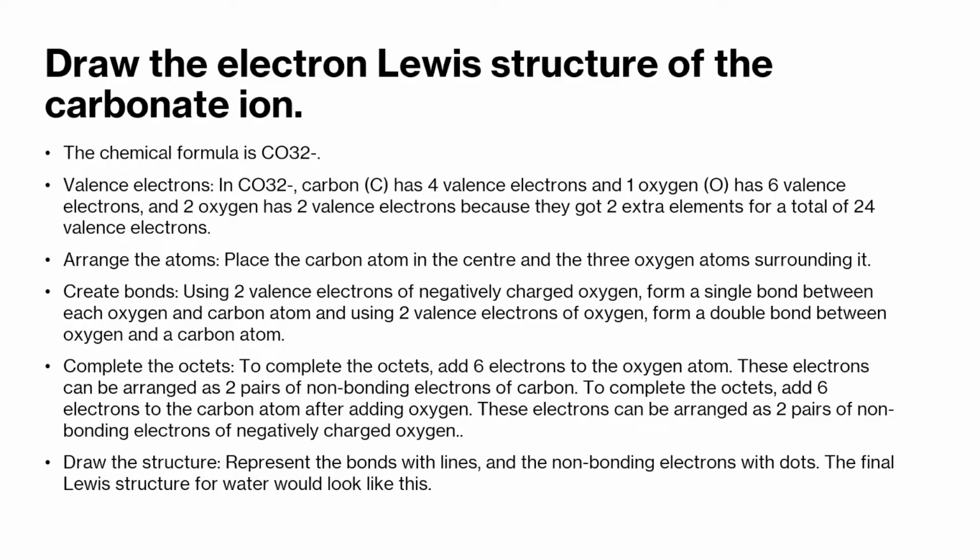We create bonds using two valence electrons of the negatively charged oxygen and connect that with one bond, and then we use a double bond for one of the oxygen atoms. This will give us complete octets for everything in the compound so far.